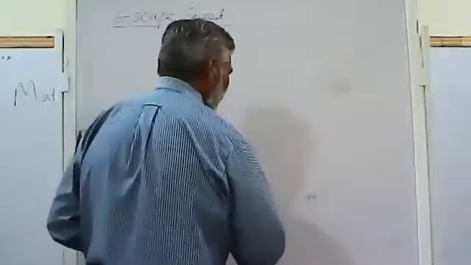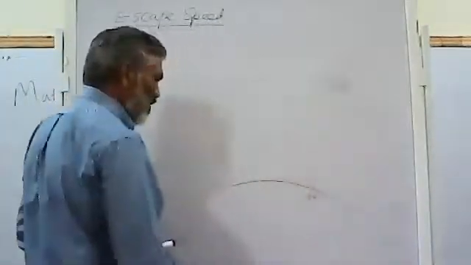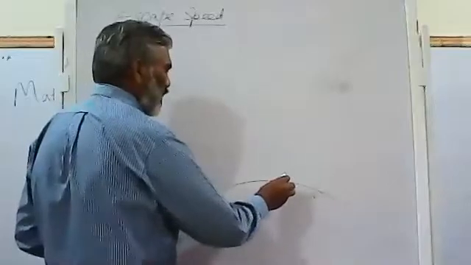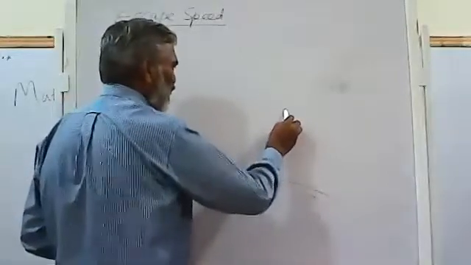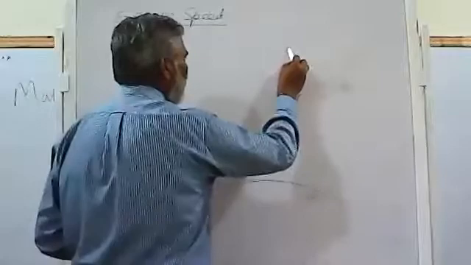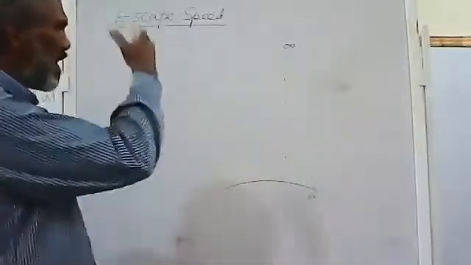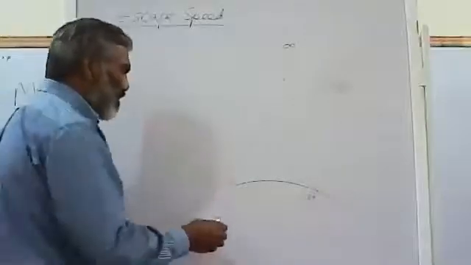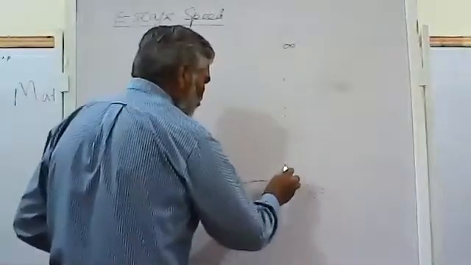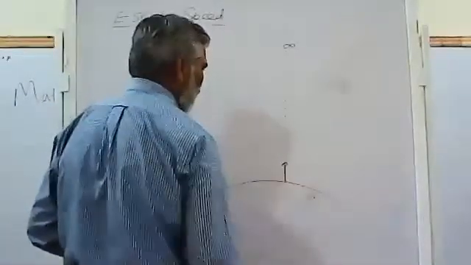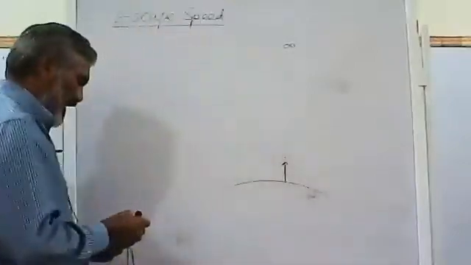If we are initially at the surface of the earth and an object is to be thrown with a certain speed, so it reaches infinity, which means it leaves the gravitational field, the minimum speed with which we must throw it from this is known as escape speed.